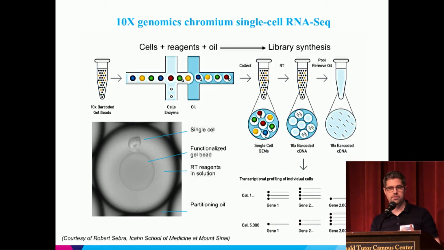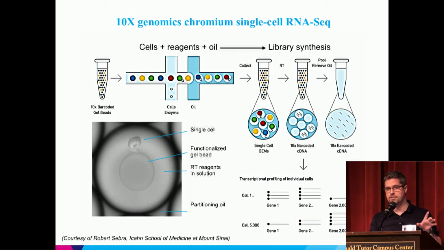Because the barcodes on each of these beads differ, the reaction allows us to uniquely tag the RNA-Seq data coming from an individual cell. At the end of the day, all of these different cDNA libraries get pooled together and are sequenced in one sequencing run. But by then analyzing and separating the barcodes out, we're able to reconstruct the expression profiles of individual cells.